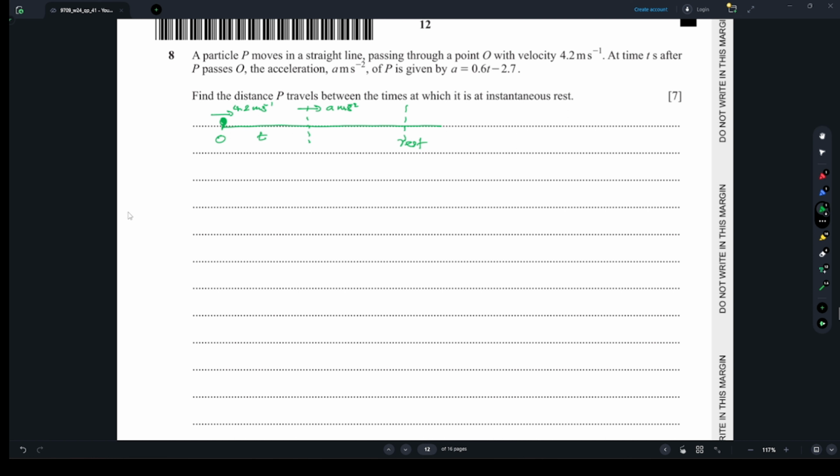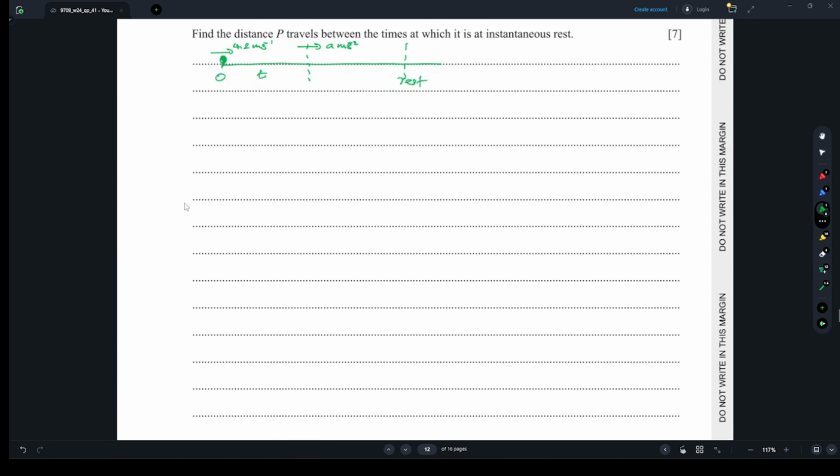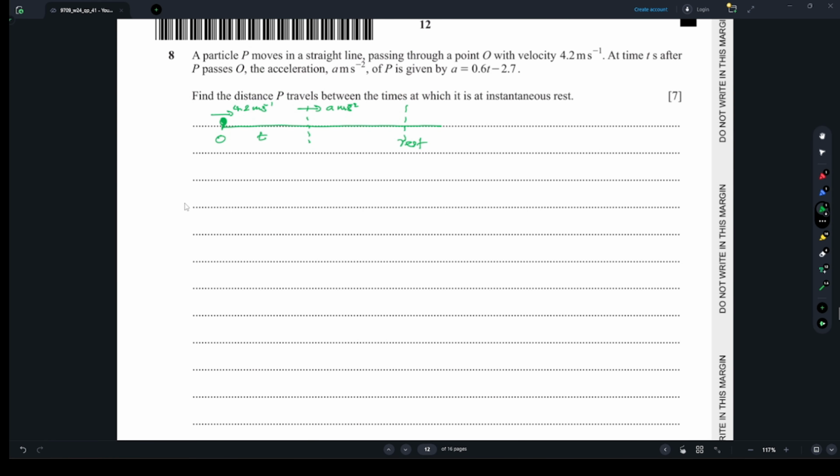Find the distance travelled between the times at which it is at instantaneous rest. But first, instantaneous rest means it doesn't move, so the velocity is 0. So you have to first find the velocity. They gave us the acceleration equation, so you can find it by taking the integration of the acceleration in terms of time, right? So it is the integral of 0.6t minus 2.7 dt.